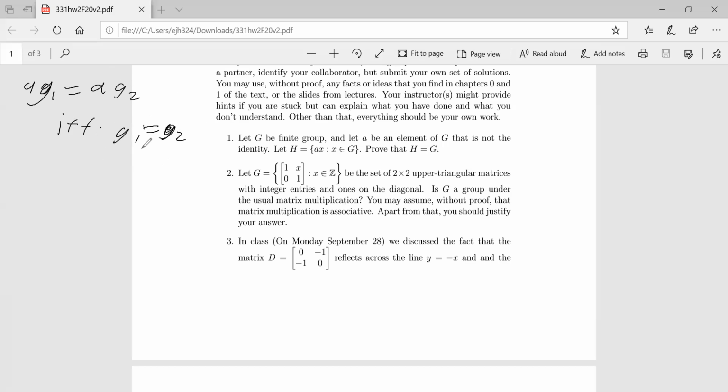Does this make sense? Yes. Do people see why, if this is true, then we would get the rest? Why it would follow that H would be equal to G? It has to do with it being finite.